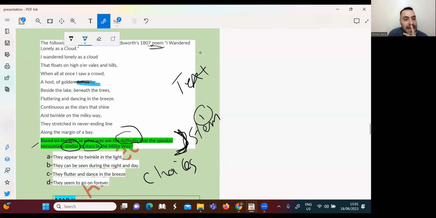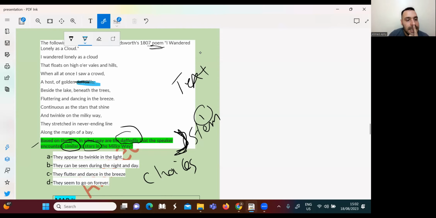Very good. Beside the lake, beneath the trees, fluttering and dancing in the breeze. Who is beside the lake, beneath the trees, fluttering and dancing? The daffodils. Do I have a comparison of the daffodils to the stars until now? No, not yet.